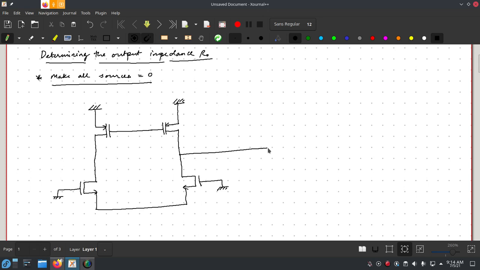Here I'll assume a voltage source, I'll call it Vx, and the current which flows from this I will call Ix, such that R naught is Vx by Ix. This is R naught. This is 0 volts, which is virtual ground.